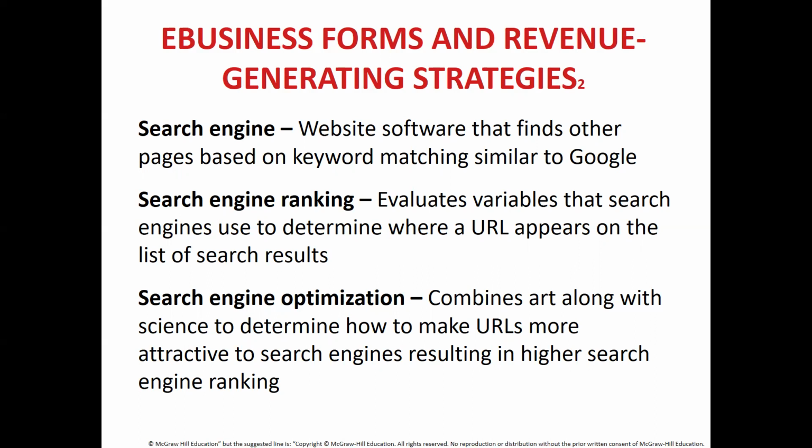When you search something on Google, for example, you type the word cars, and a particular website comes up right on the very top. This is called a search engine ranking. That means this particular website is ranked the highest on Google based on a particular key term. Therefore, this website appears right at the top of the list.